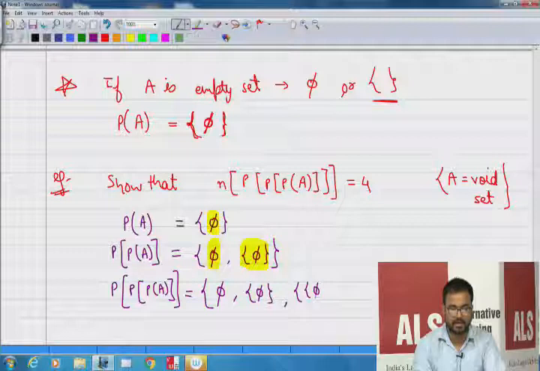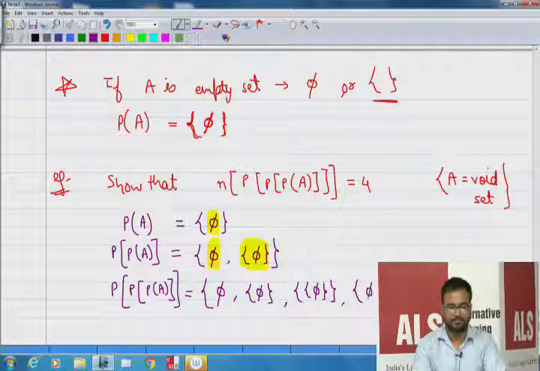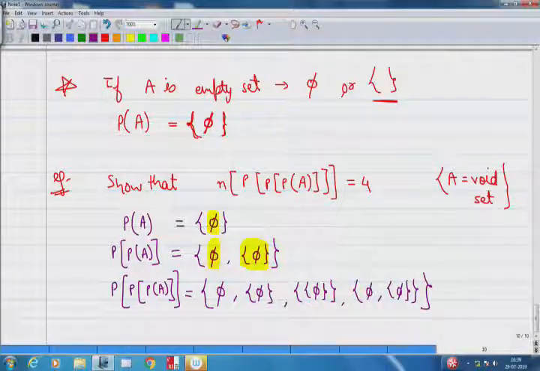So there will be double curly brackets, and then this complete thing, closed by the bracket. So these are 1, 2, 3, 4. Four elements are there. Are you getting it, all of you?